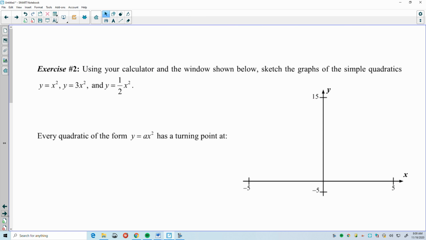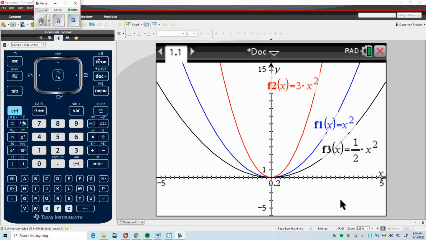So we're going to take a look at all 3 of these equations, and it says in the window shown below, we're going to sketch these onto this graph that we have here, and we're going to use our calculator to help us get there. So using the calculator, change the windows, graph this all, we have these graphs sitting right here, and I can see our original graph, that x squared graph, that's the blue graph. I can see the 3x squared looks taller, thinner, stretching up.